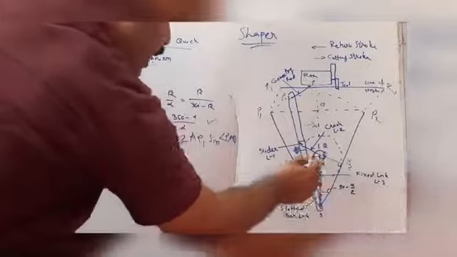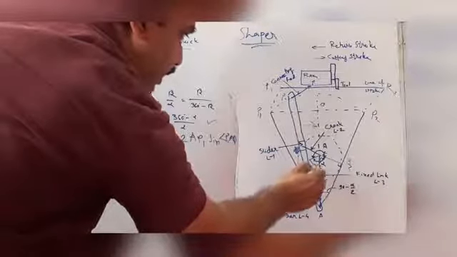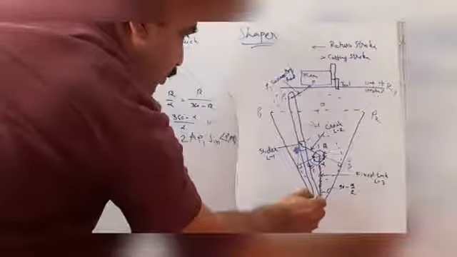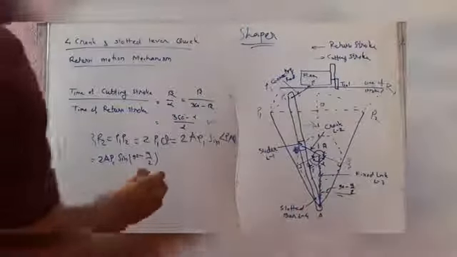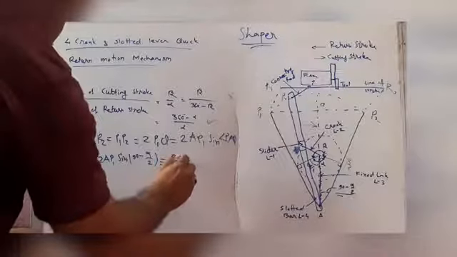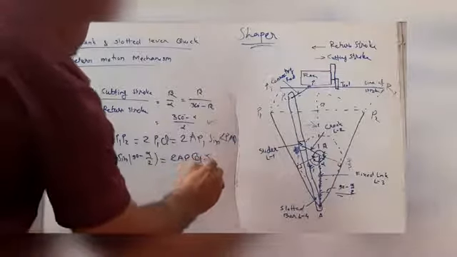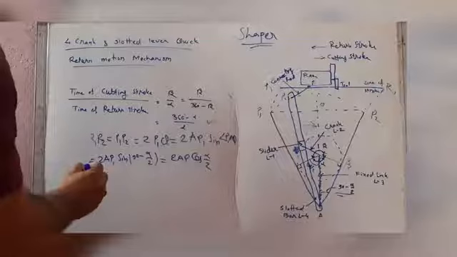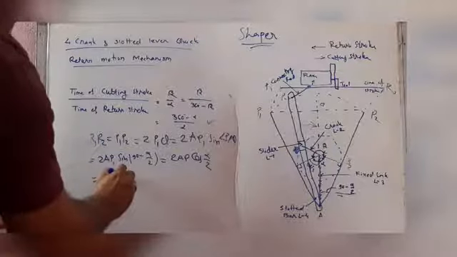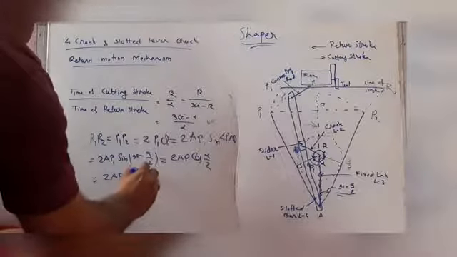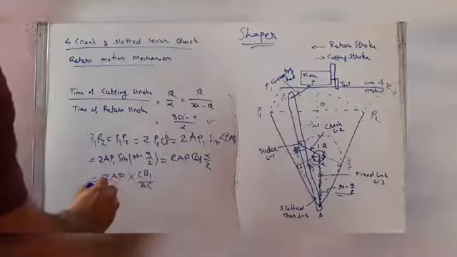The whole angle is alpha, so this half angle is alpha by 2, and this angle is 90, so this one is 90 minus alpha by 2. This equals 2 AP cos(alpha by 2), which equals 2 AP times CB1 by AC.